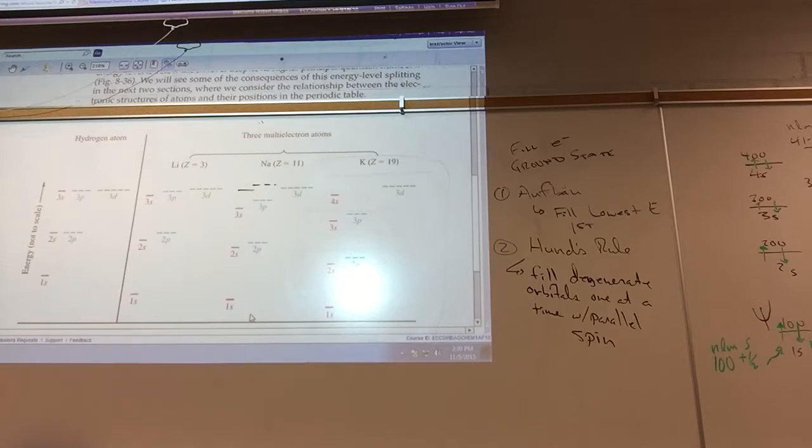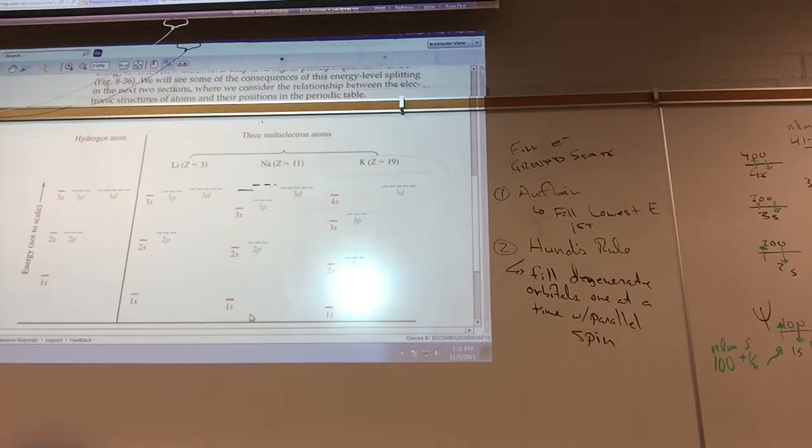Well, that means it's going to look something like this, where in 4s we got 2, and the 4p's are actually empty here. And the next higher energy orbitals will be the 3d's. We're 1 electron short of a half-filled 3d.